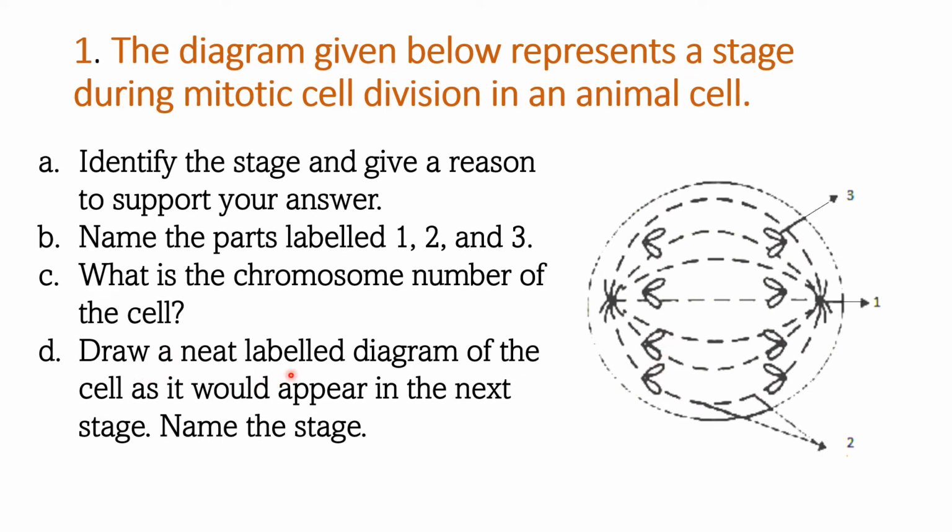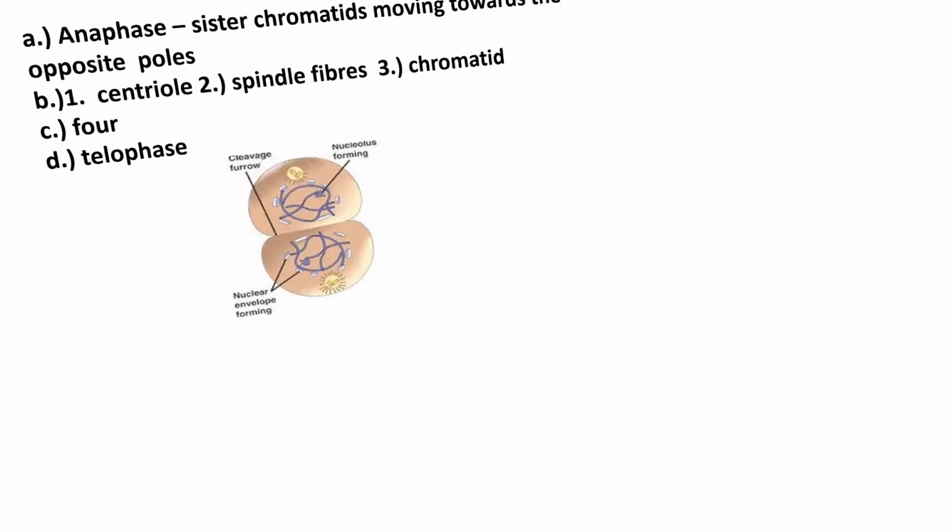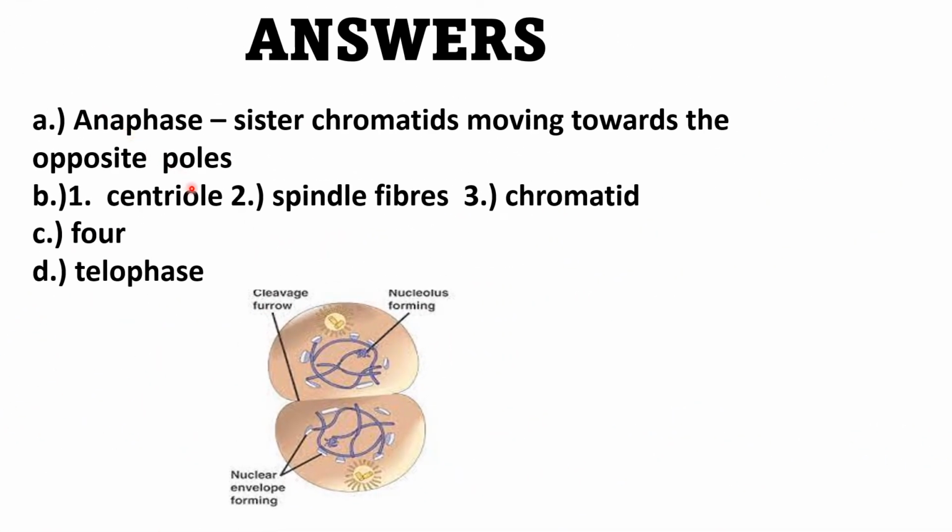Draw a neat labeled diagram of the cell as it would appear in the next stage. What will be the next stage? Telophase. You have to draw the diagram also. Just check out the answers. Here you can check the answers.